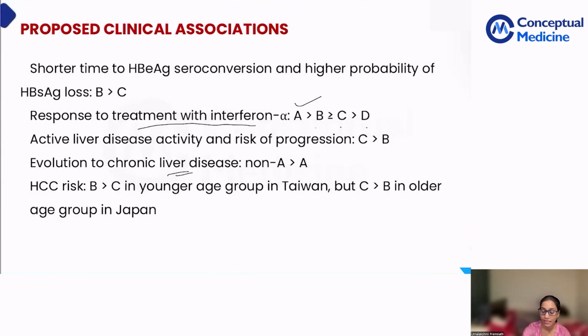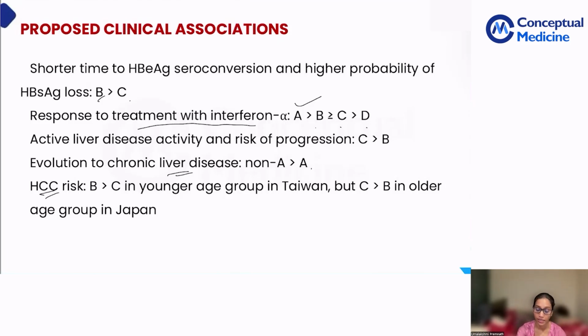So A basically had a good prognosis. Then a shorter time to HBeAg seroconversion means soon the patient became anti-HBe positive, which means a good chance of recovery. That was again for genotype B when compared to C. HCC risk was greater for genotype C when compared to genotype B.